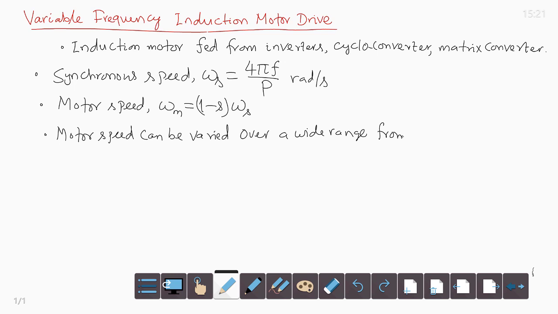Over a wide range from 0 speed, rest condition, to very high speed above the rated speed.